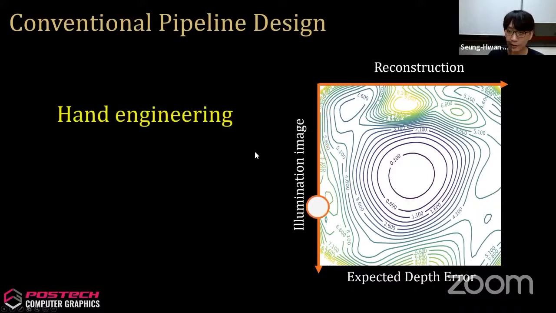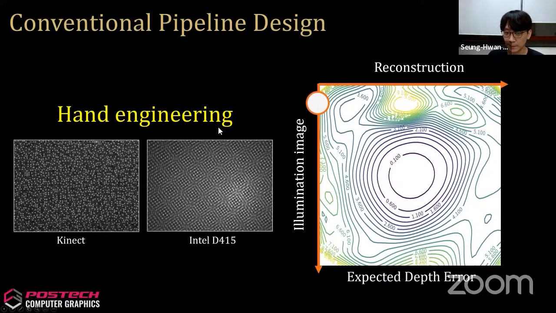What people have been doing so far is that they first hand-engineer a specific illumination image, right? They find some patterns that are probably easy to fabricate or look as random as possible, something like that. They first fix the illumination image in the hardware.